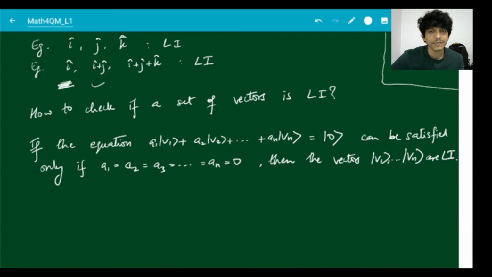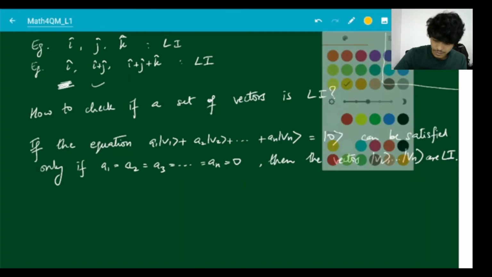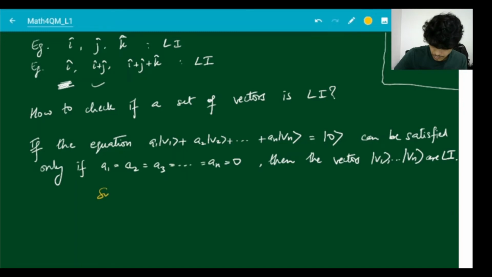How do we justify saying it? Suppose this equation could be satisfied with one of these coefficients non-zero. So this is a proof by contradiction. Suppose a3 was not 0. Then what we could have done is we could have written v3 in terms of all the others.